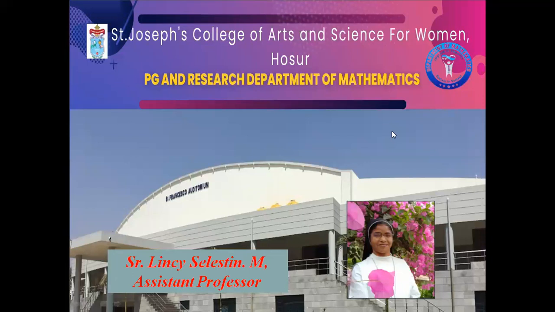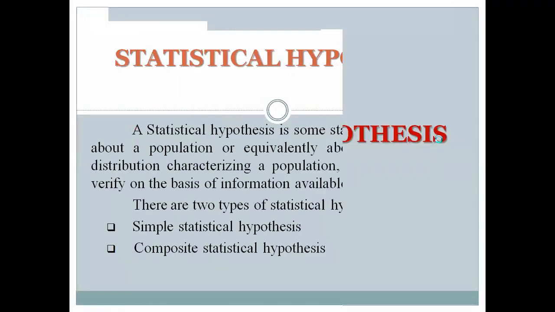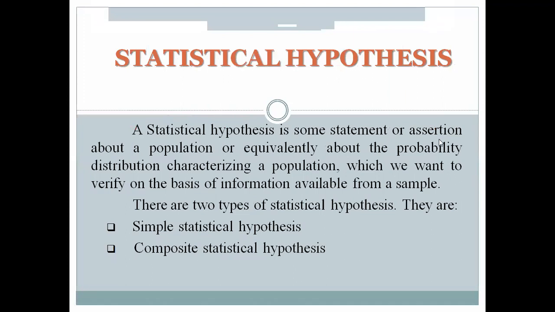In this video we are going to see statistical hypothesis. A statistical hypothesis is a statement. If we take a sample, we get some information from it, and on the basis of that information we have to characterize the population.